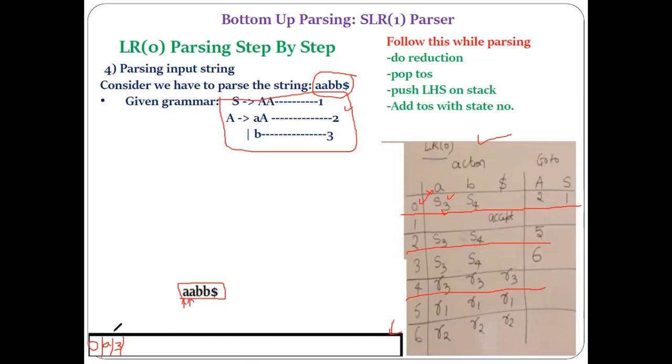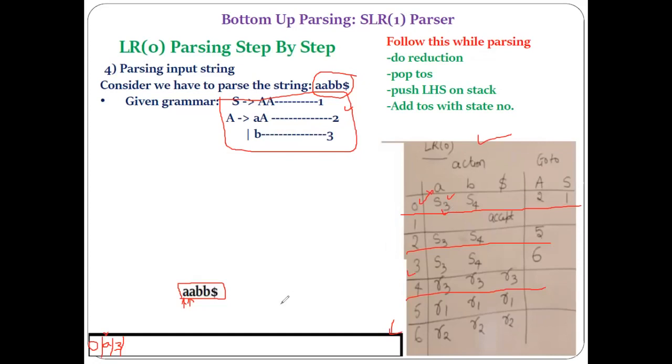Next, you have to see the top of the stack, which is 3. 3 on A. In this stack you have to make entries of two things: first the terminal, and second the particular state number.